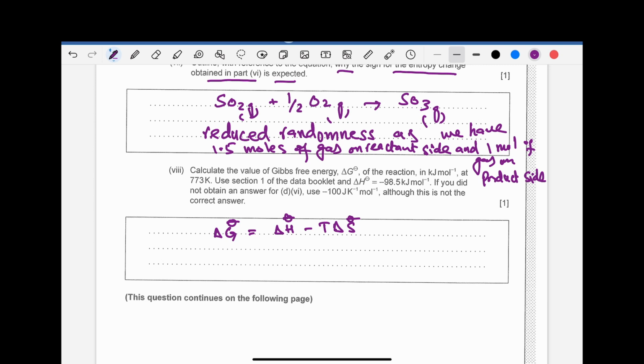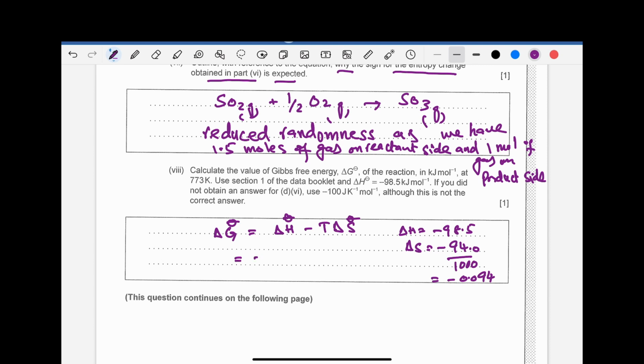We need to convert delta S we worked out earlier into kilojoule as well, because our delta H is in kilojoule. So delta S will be equal to minus 94.0 divided by 1000, so minus 0.094 kilojoule.